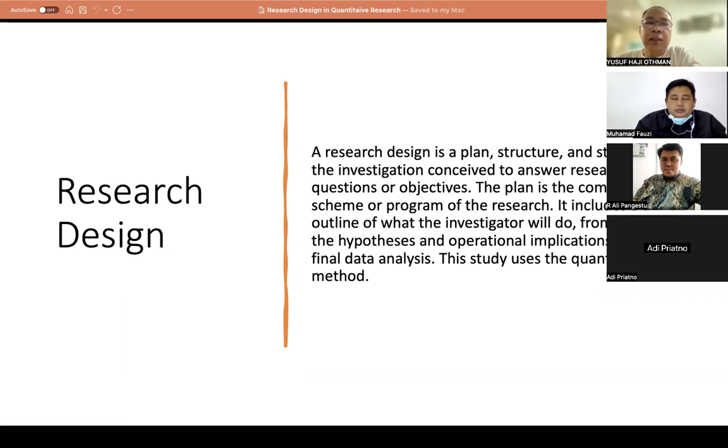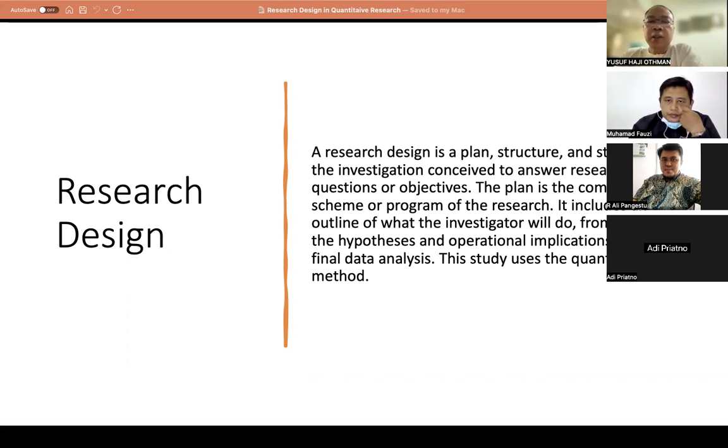Then, based on the theoretical framework that we design, we write the operational definitions of the variables that we include in the theoretical framework of the study.